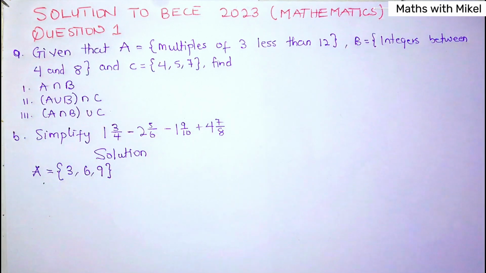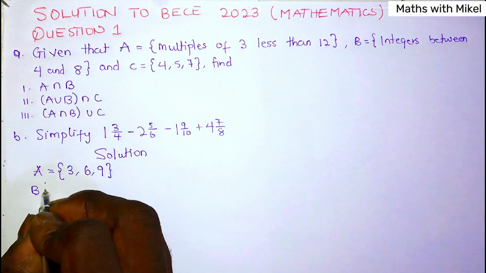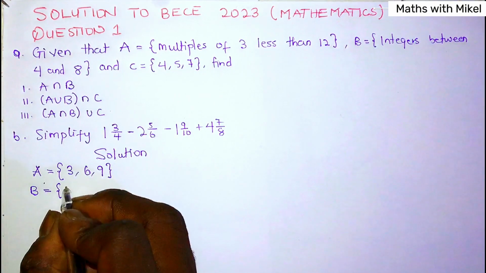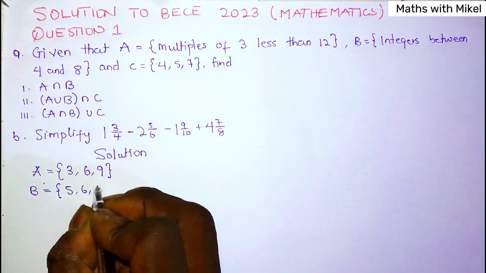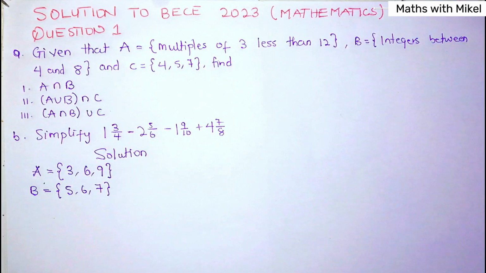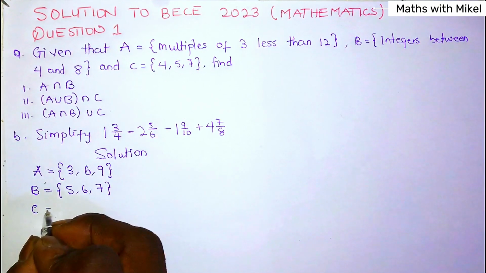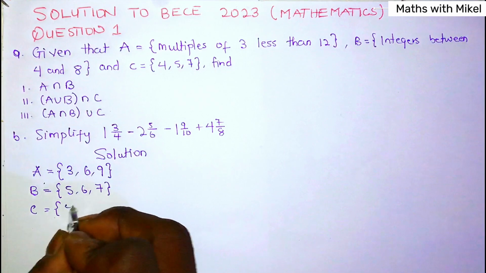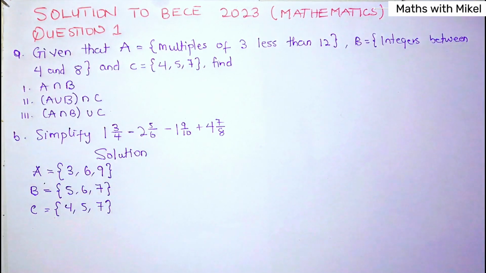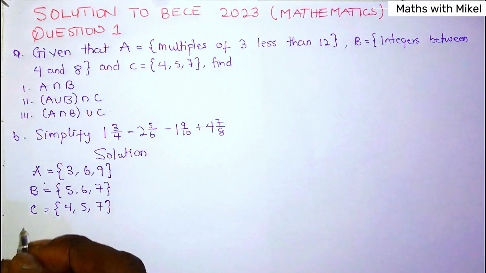Now B, integers between 4 and 8: we have 5, 6, and 7. And the last one, C, was given, which is 4, 5, and 7. Good.